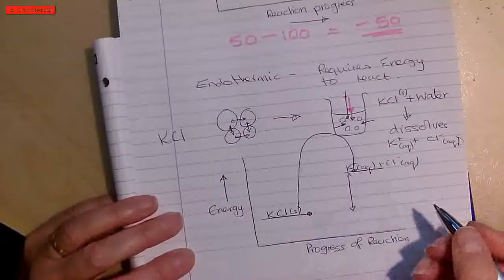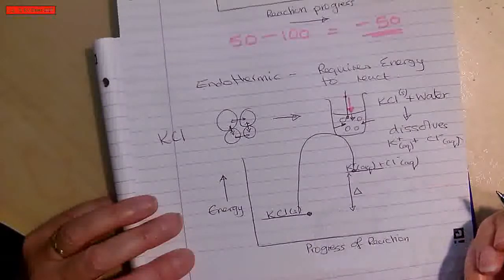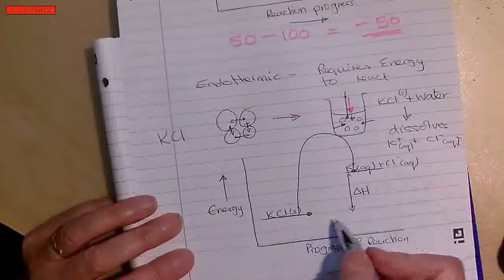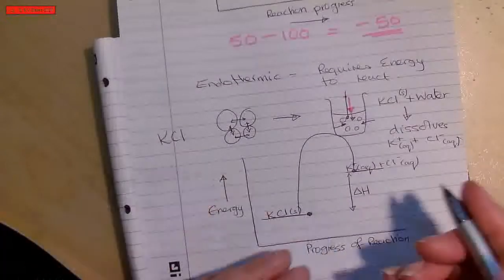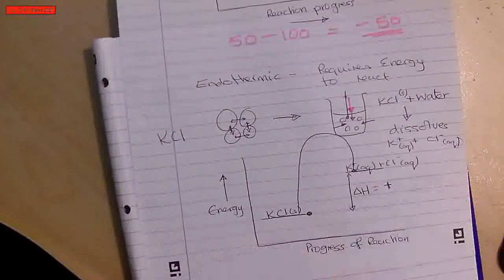So this change here is the enthalpy change, and remember, change is delta, that's what the symbol means, and enthalpy is H, and we're having to put energy in, so we say that the delta H is positive.